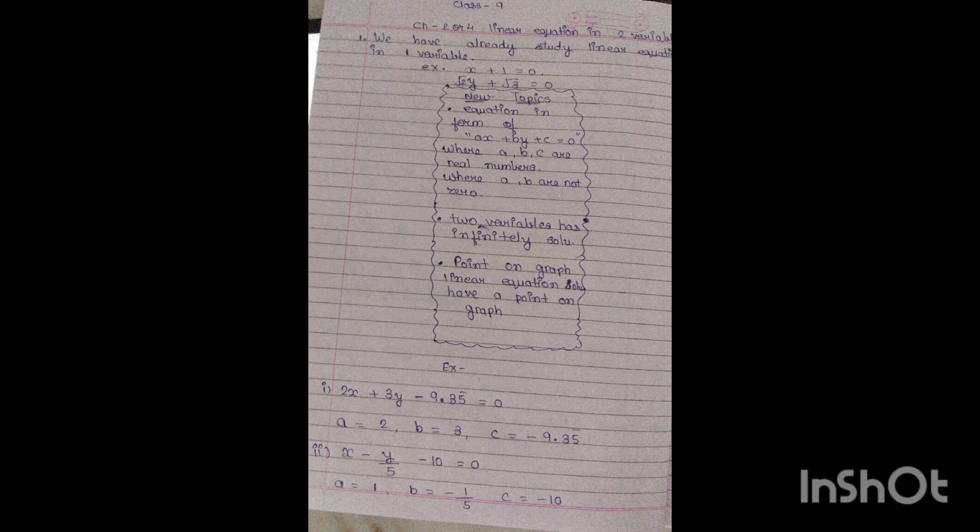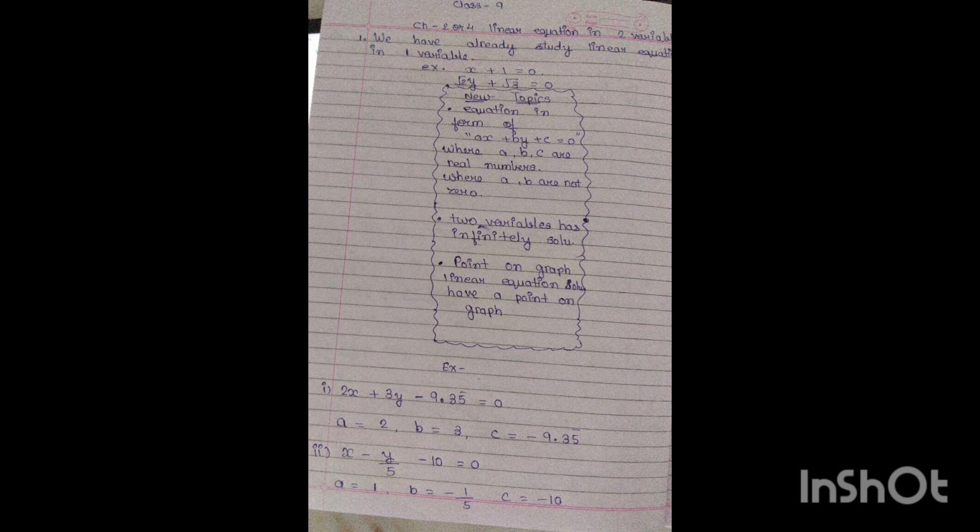So 2x plus 3y minus 9.35 bar is equal to 0, where the value of a is equal to 2, b is equal to 3 and c is equal to minus 9.35 bar.